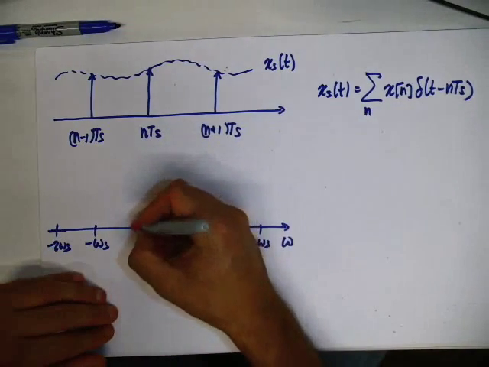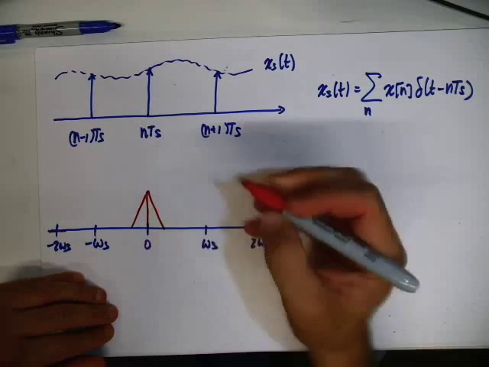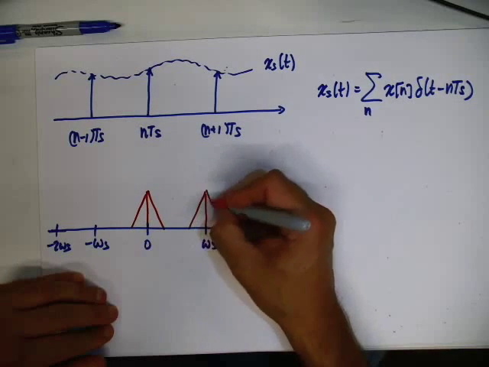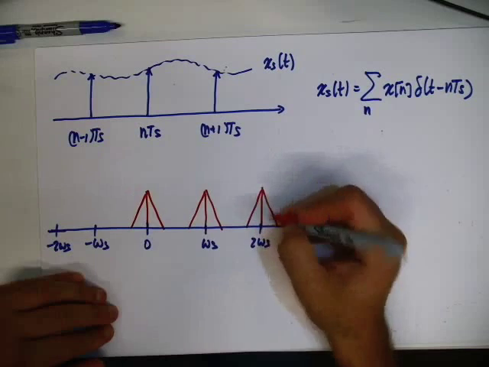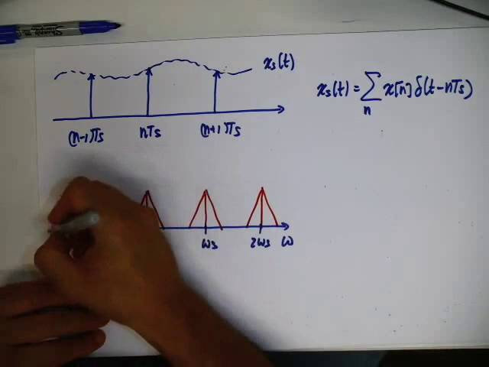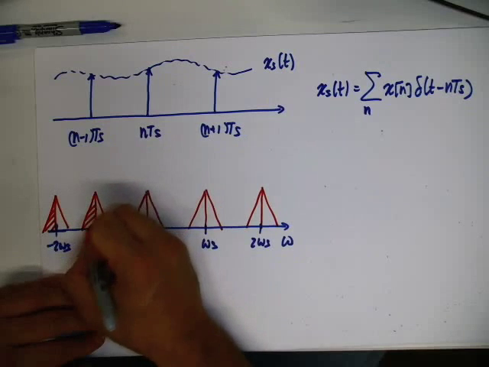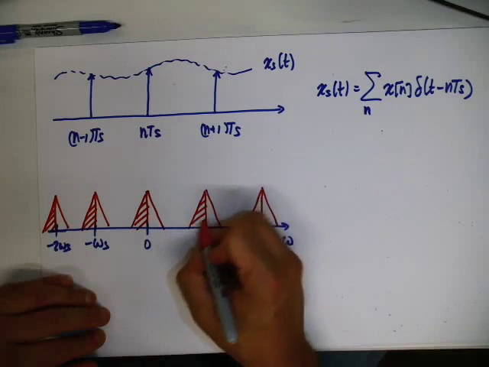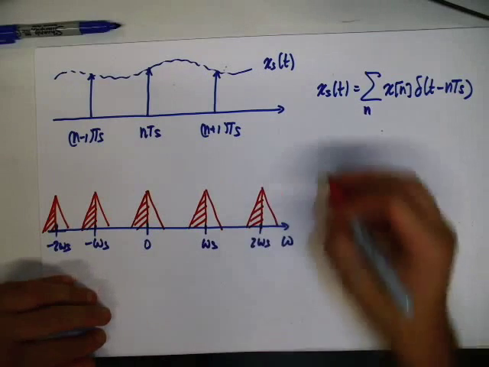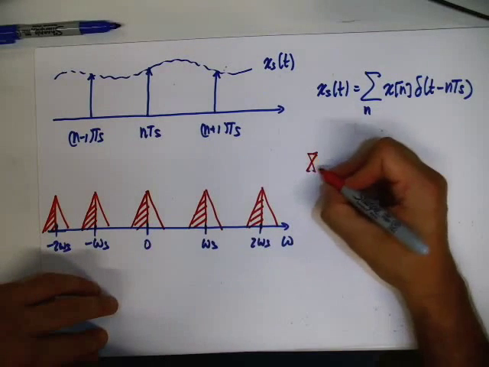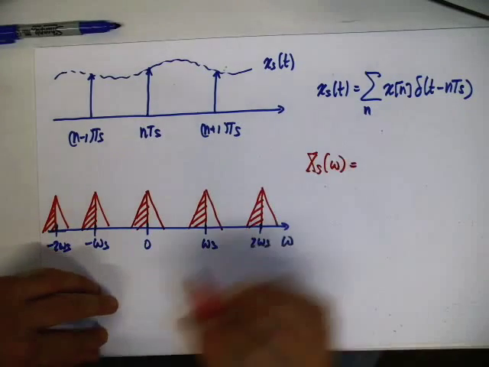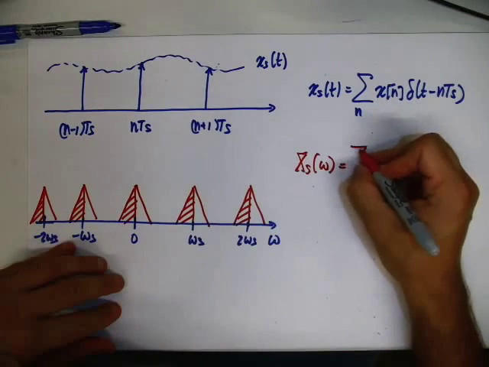And so, as long as we don't have aliasing, this is the Fourier transform of the Dirac-ified signal.